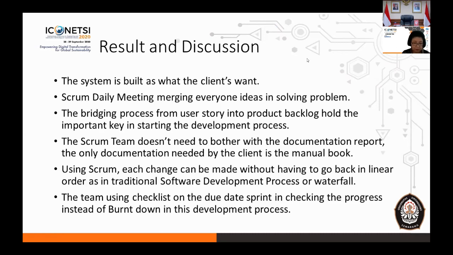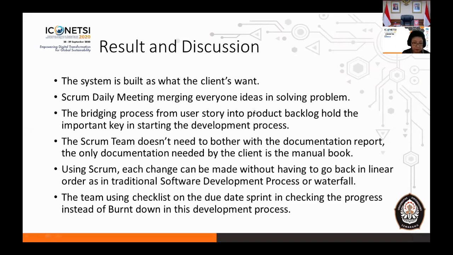So the daily Scrum meeting makes the problems that occur in every task in developing the features solvable. The bridging process from the user story into the product backlog holds the important key. The product owner must be sure in bridging what the users want into a detailed product backlog, so that the team doesn't miss any single feature that must be developed.